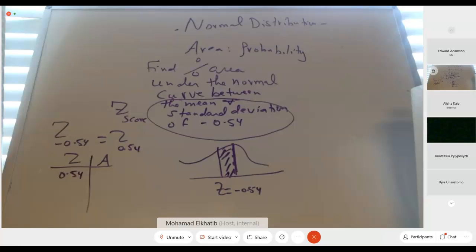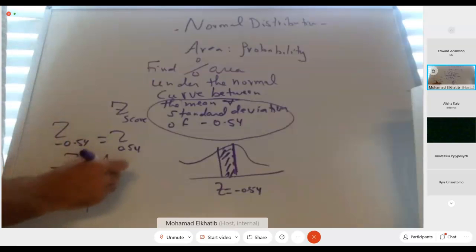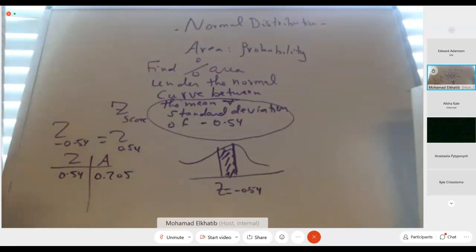If any of you have the computer in front of you, and if you can click on the table, I'm going to go ahead and look it up for you. Area. It'll be 0.205. And that will be the answer.